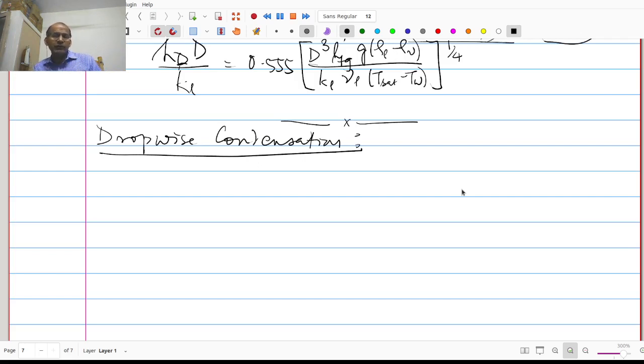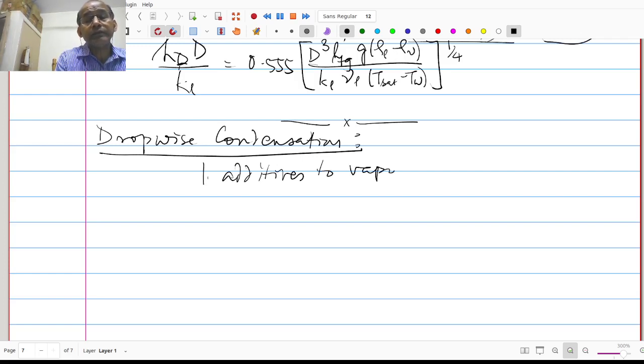There are multiple methods by which dropwise condensation is promoted. One is additives to the vapor, so that the additives actually deposit themselves on the metal surface and make the metal surface hydrophobic, and therefore the droplets can roll down on it without sticking.